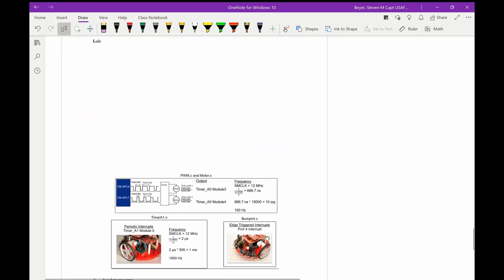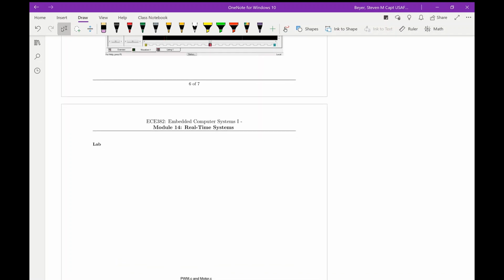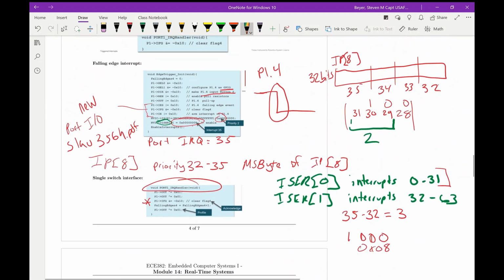All right, so let's talk about the lab real quick, and then we'll see where our timers are once we complete the lab. So for the lab, we're working on port 4, specifically port 4, pins 7, 6, 5, 3, 2, 0. We're going to be doing falling edge. Port 4, let's go back up here.